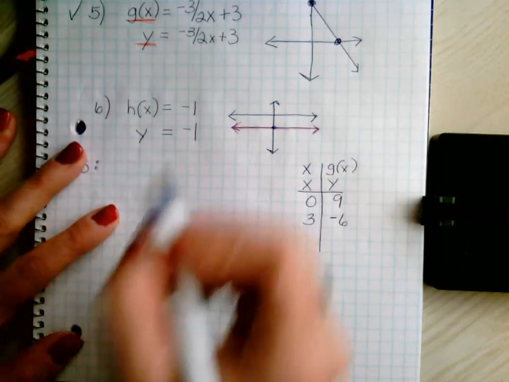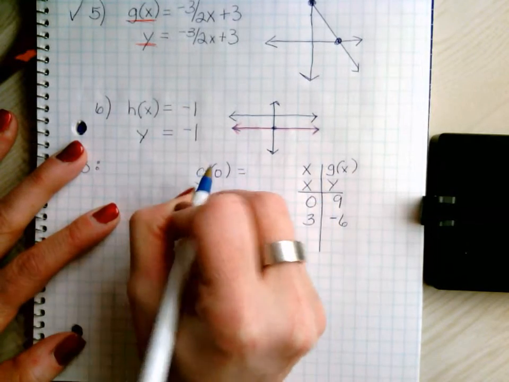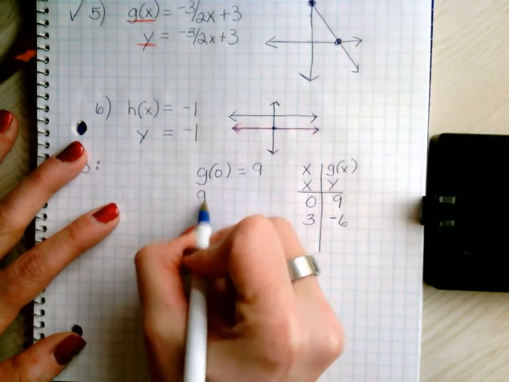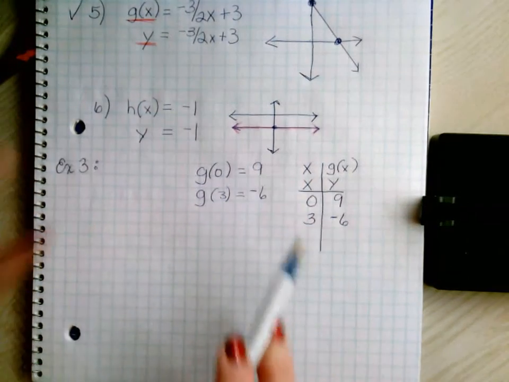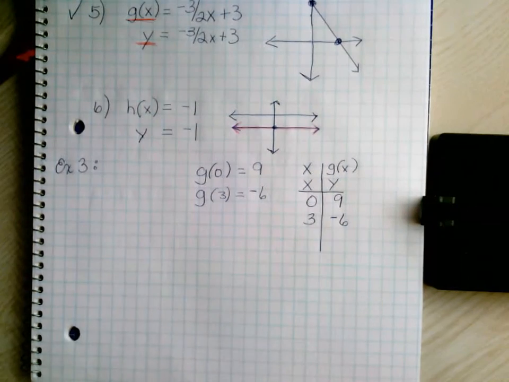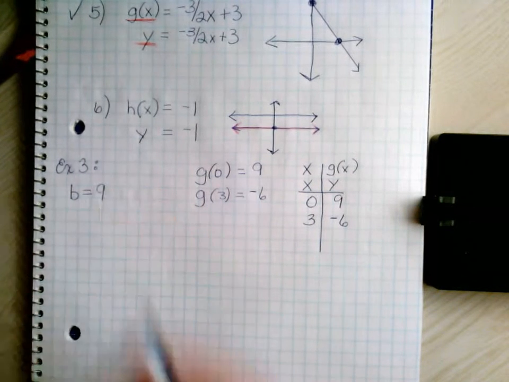Okay, so I took what they gave us, g at 0 is 9, g at 3 is negative 6, and I moved them into their appropriate old-fashioned columns, what I'm used to seeing. Okay? Do we have what you would think of as a y-intercept? Yes, sir. 9. Your b value is 9.